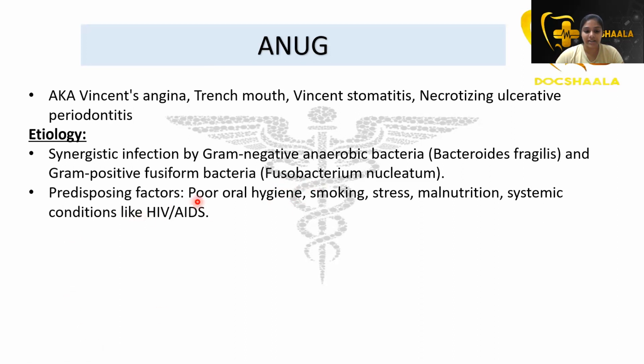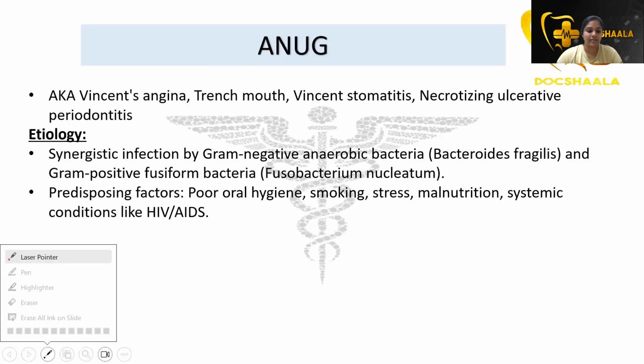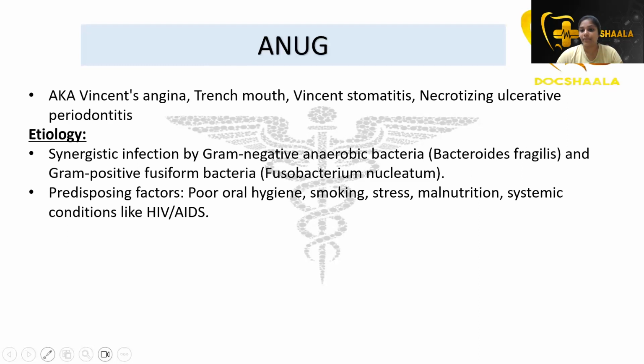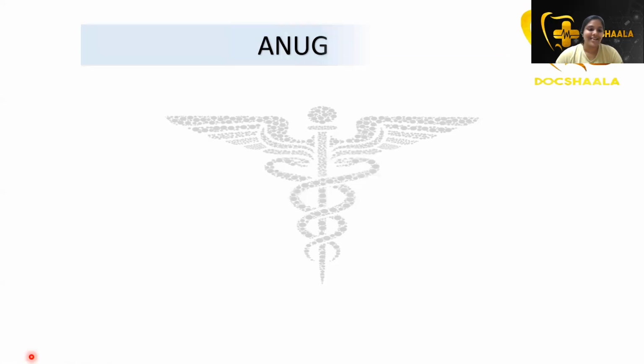So the predisposing factors include poor oral hygiene, smoking, stress, malnutrition, systemic conditions like HIV and AIDS. So what is ANUG? Acute necrotizing ulcerative gingivitis. Yes. So let's just see the other factors here.